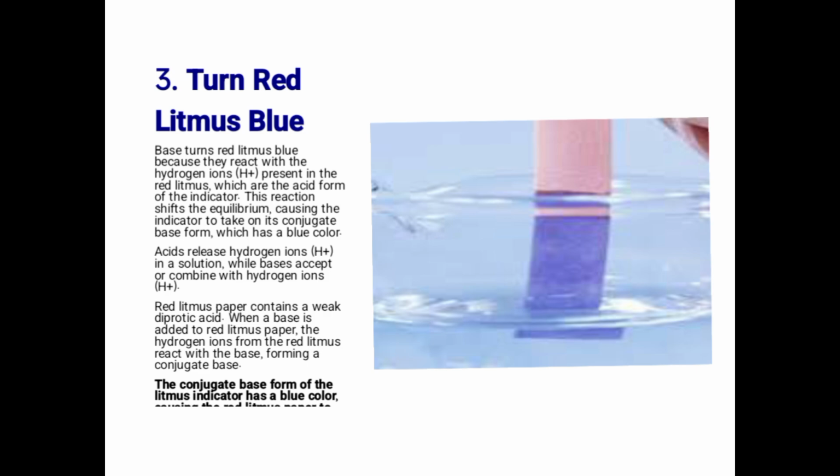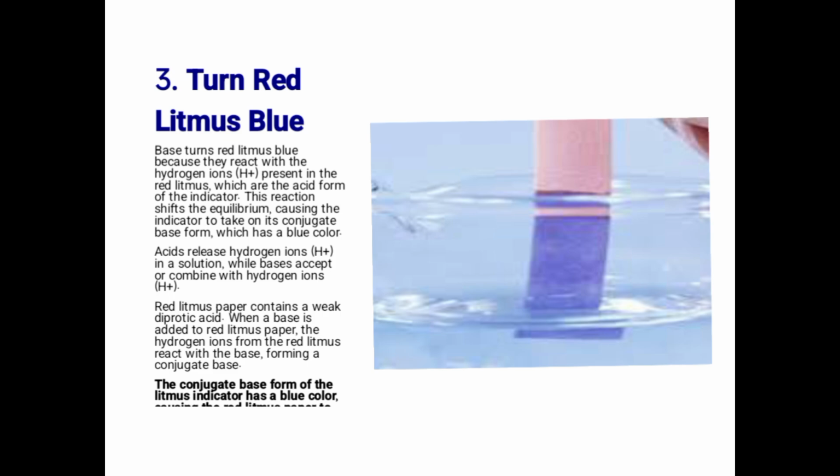So red litmus paper usually contains a weak diprotic acid. When a base is added to red litmus paper, the hydrogen ion from the red litmus combines with the base to form the conjugate base. The conjugate base form of the litmus has a blue color. That is why, when you dip a red litmus, it generally turns blue, because the conjugate base form of that reaction has been formed.